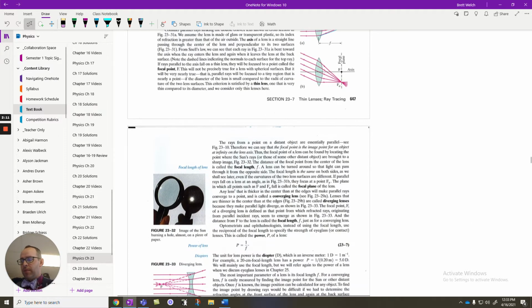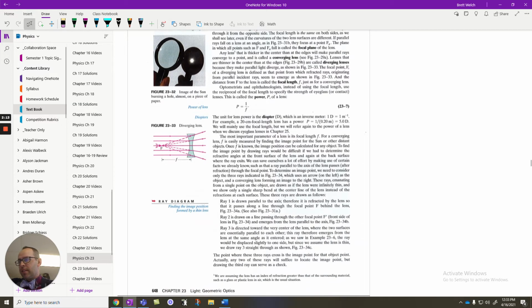The other type of lens that we're going to talk about is a diverging lens, and this is interesting because as the light comes in nice and parallel, it's going to diverge or separate. And you'd say, well, where does it separate? How do we know how it separates? Well, if you backtrack where these different rays come from, you'll find that the light separates and appears as if it's coming from a focal point.